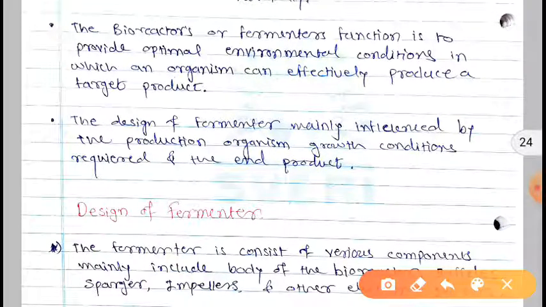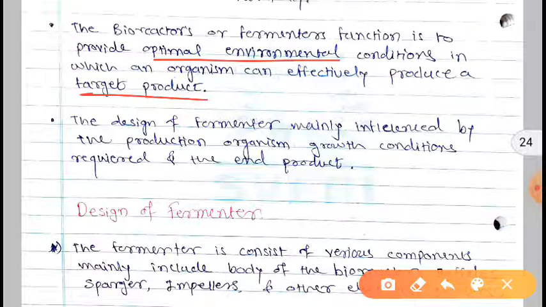The bioreactor or the fermenter's function is to provide optimal environmental conditions in which an organism can effectively produce a target product. In this process, our aim is to provide optimal environmental conditions to grow the organism in the fermenter so it can produce the product which is our target.